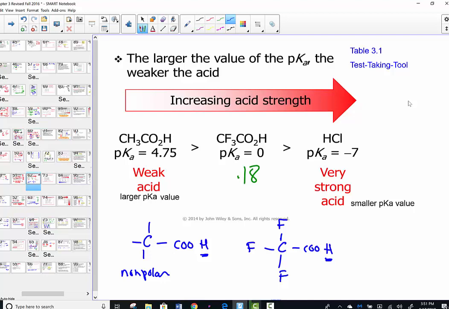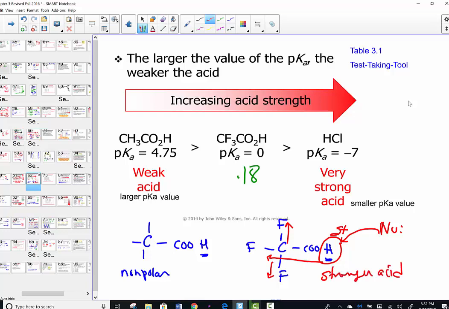What you want to notice is that based on the electronegativity pull away from these very electronegative fluorines, this becomes a more positive hydrogen, which again, we would know a nucleophile could easily pluck that hydrogen away in Lewis theory, making this a very attractive site, making it a stronger acid.